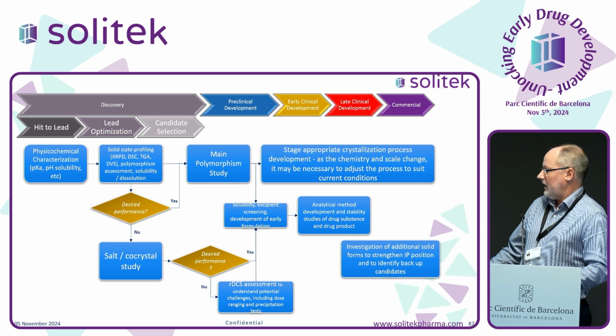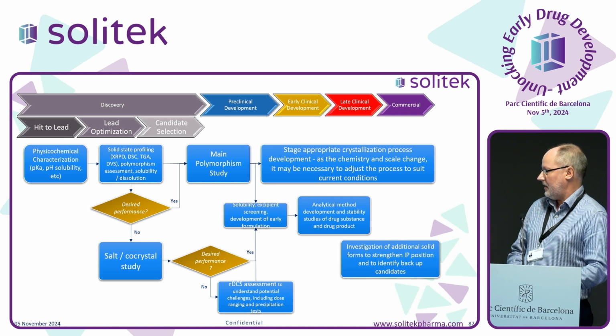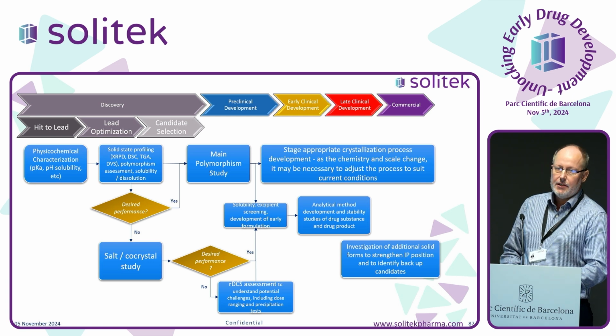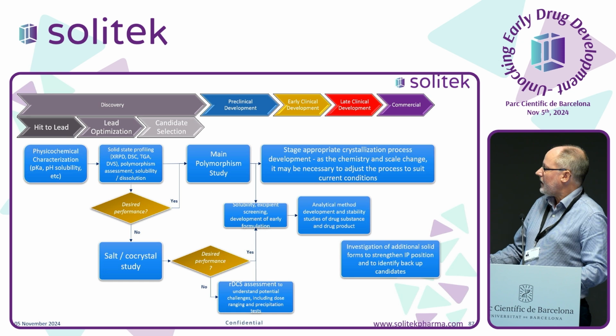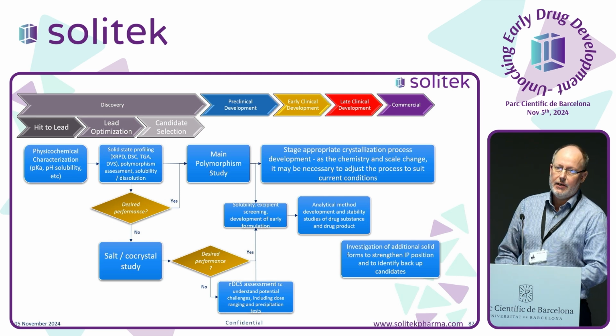If not, well, we're going to have to start considering some other strategies and other ways to understand the potential challenges we could have for future development. And then around about this time in preclinical development, we'll be starting to look at some of the early formulation studies. Of course, there's going to be analytical development, and then later we're going to perhaps reinvestigate polymorphism to strengthen our IP situation.